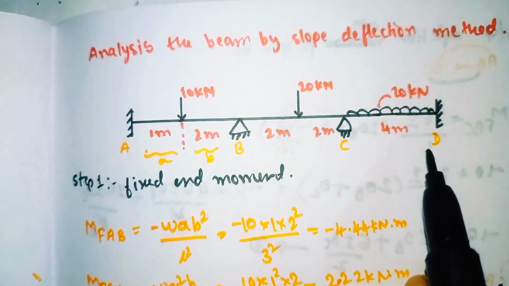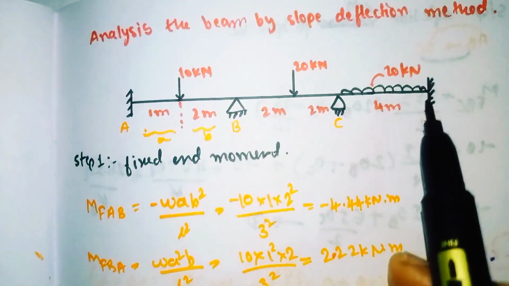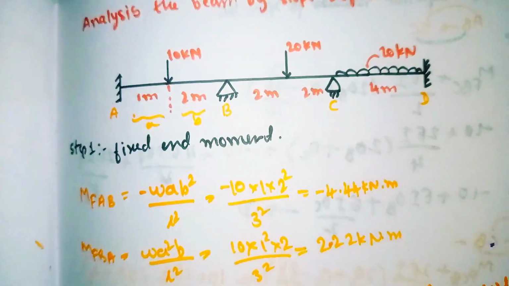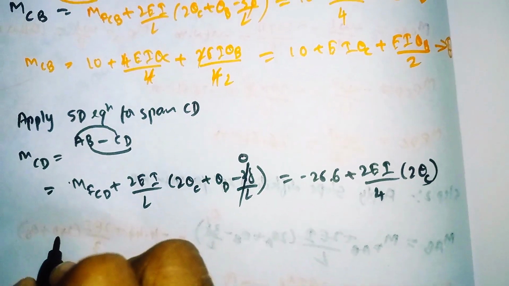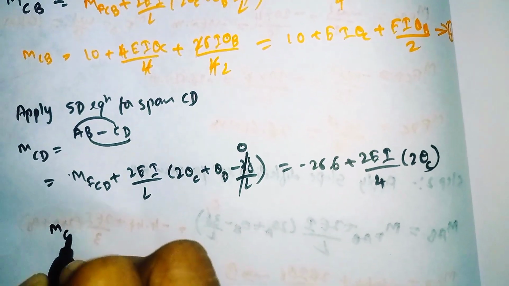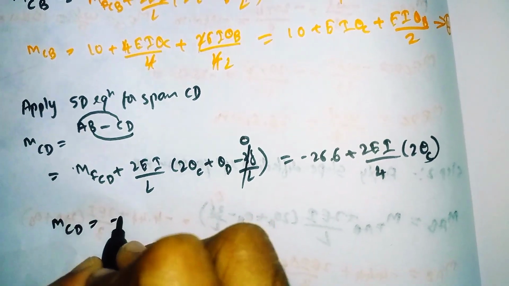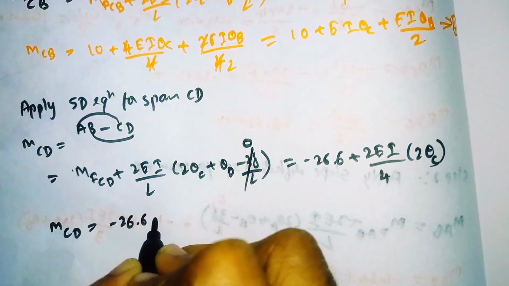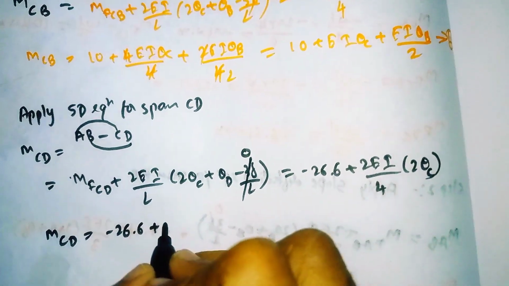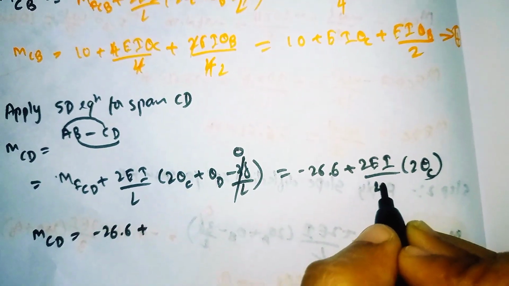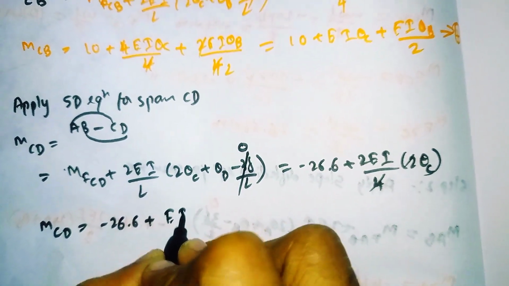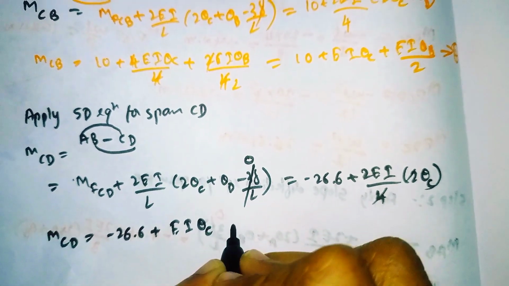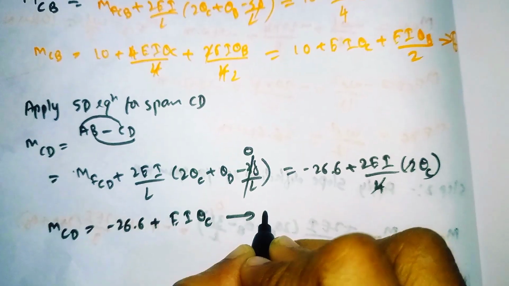Theta D at point D has the fixed support, it means theta D becomes 0. So MCD is equal to minus 26.6 plus 2 into 2, 4 and 4 will get cancelled, it comes out as 2 EI theta C, call it equation number 5.